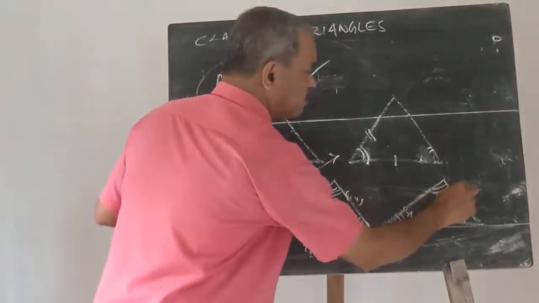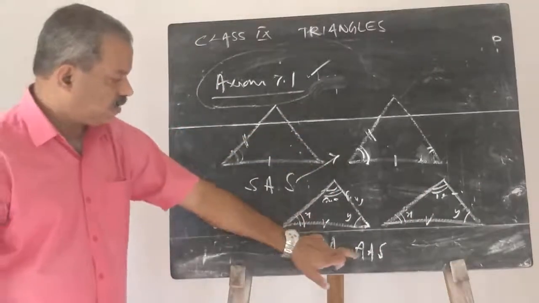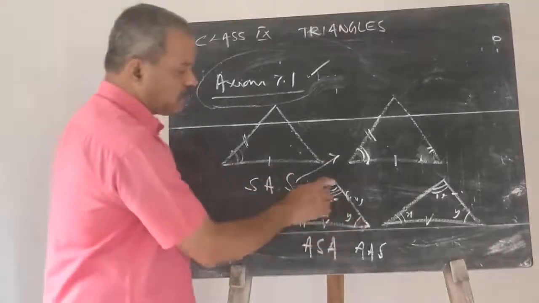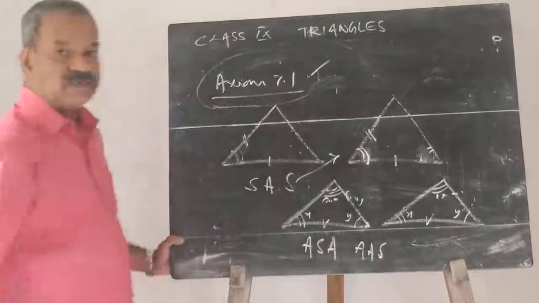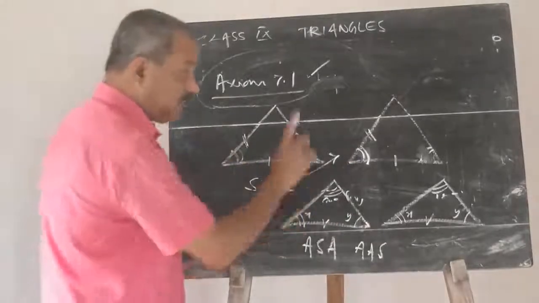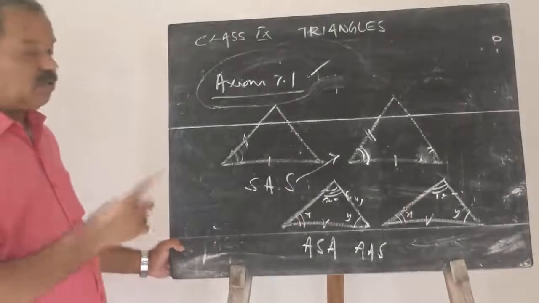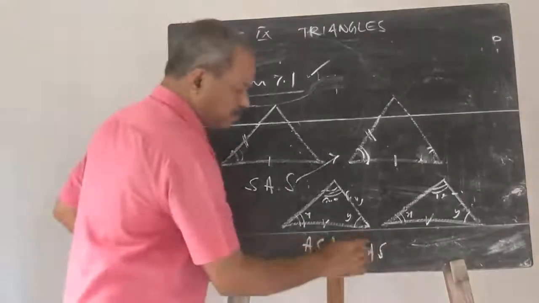Here also 180 minus (x plus y). So two angles on any one side: any side and the two angles on it of one triangle are equal to the corresponding parts of the other, not any other parts, corresponding parts. Then the condition holds.